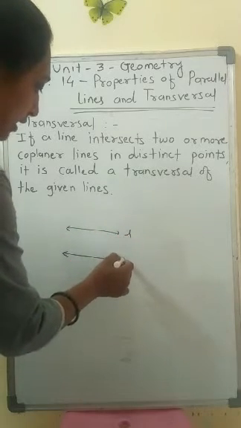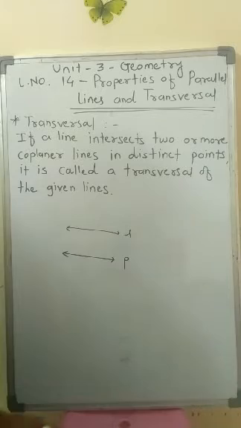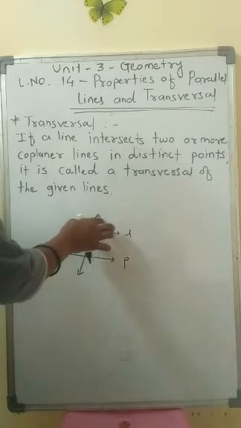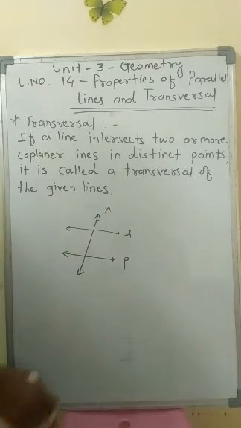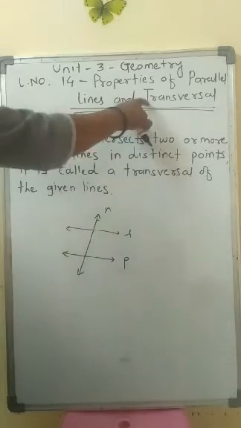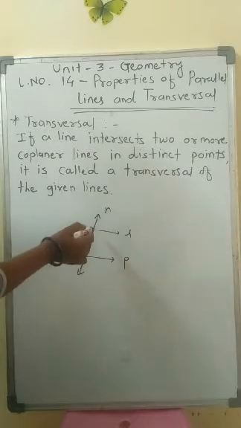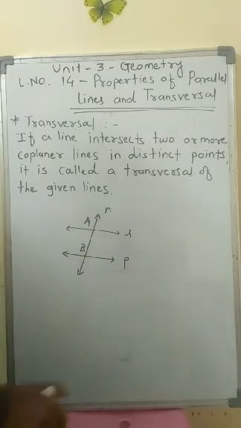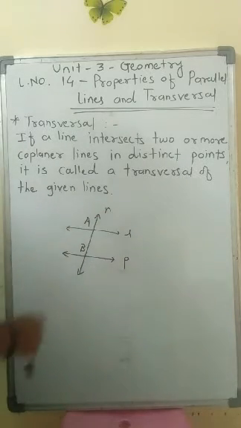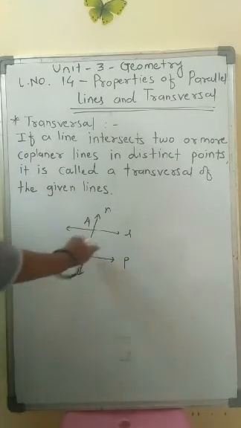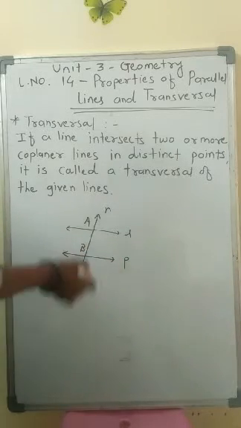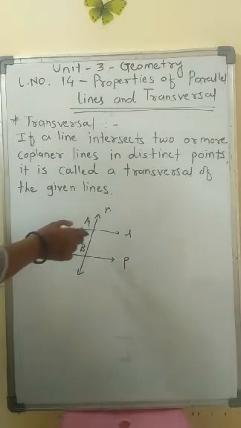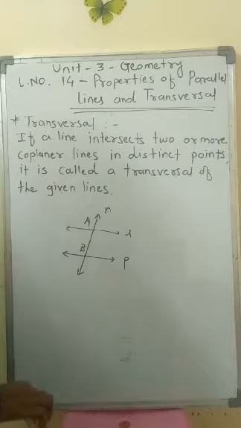Now we take here parallel lines, line L and line P. These two parallel lines are cut by a line, here line N, and that line N is said to be the transversal. It intersects at two distinct points, here point A and here point B.